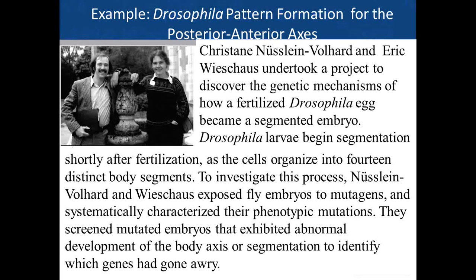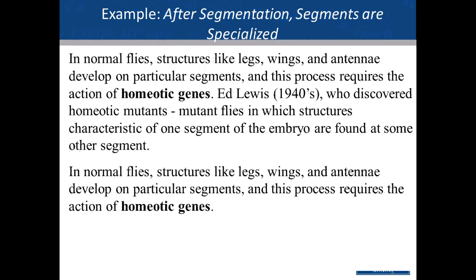Once we had each one of those segments laid out, the next thing that's going to happen is specialization of each segment. In normal flies, each segment is going to have different kinds of structures like legs and wings and antennae. And this process requires the action of a group of genes called homeotic genes.